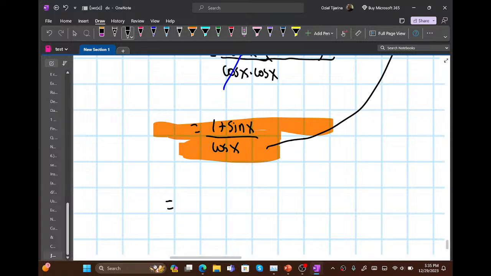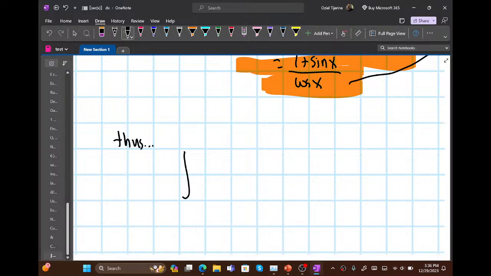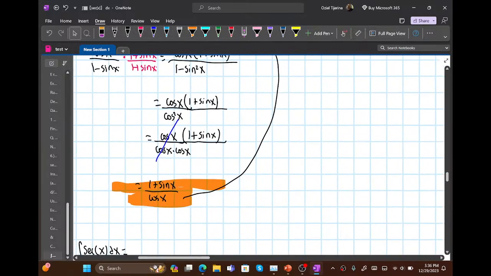Thus, the integral of this secant x dx is equal to the natural log of 1 plus sine x.